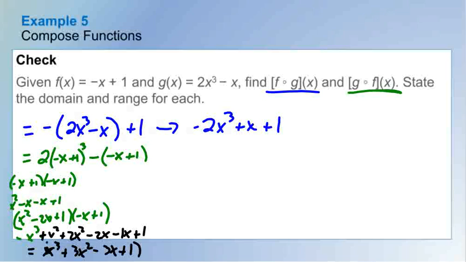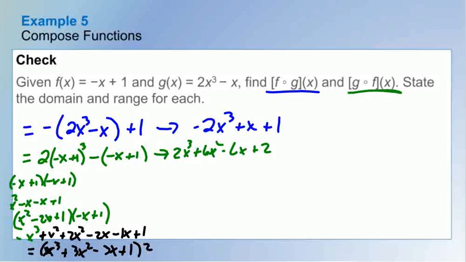Then I have to multiply all that by 2, which gives us 2x cubed plus 6x squared minus 6x plus 2.